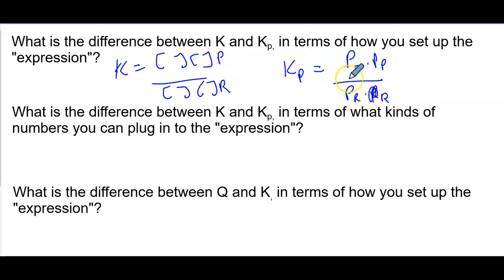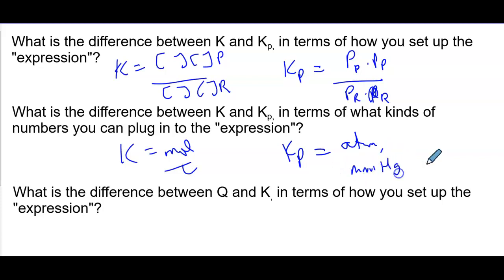This should not feel new to you. We've been doing this for quite a while now. This asks about the numbers. For K, we're plugging in moles over liters. For Kp, we might plug in atm, millimeters of mercury, torr, kPa.